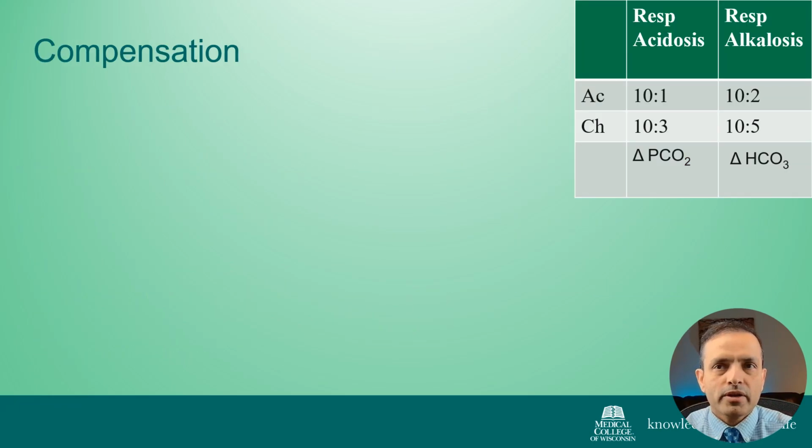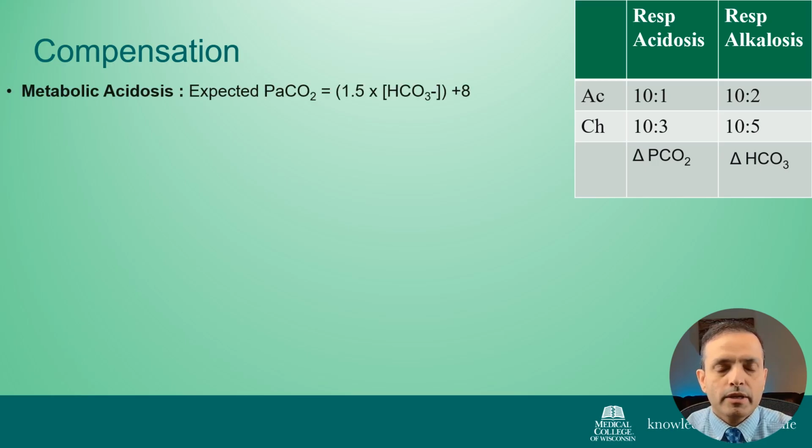So let's talk about compensation. This slide is very, very important. I have put all the formulas that you need to know about compensation. We're going to do some practice in part 3. Let's start with metabolic acidosis. In metabolic acidosis, obviously there is more acid and bicarbonate is going to be low.